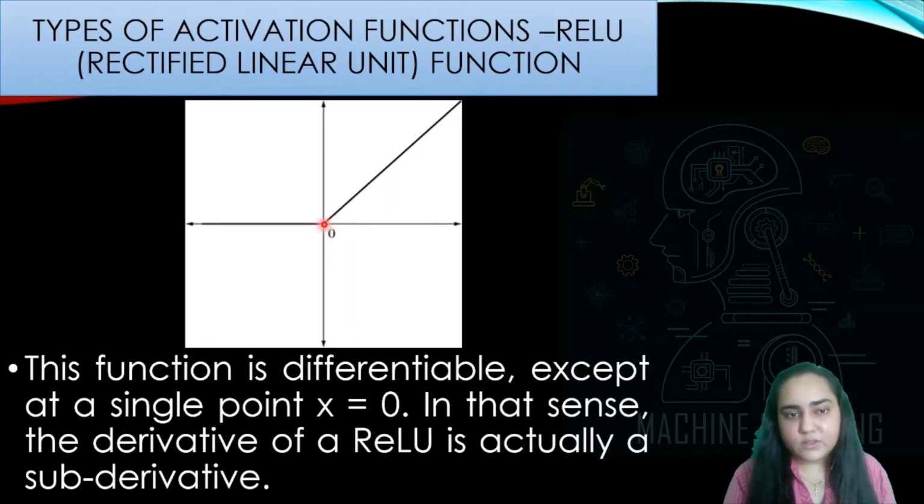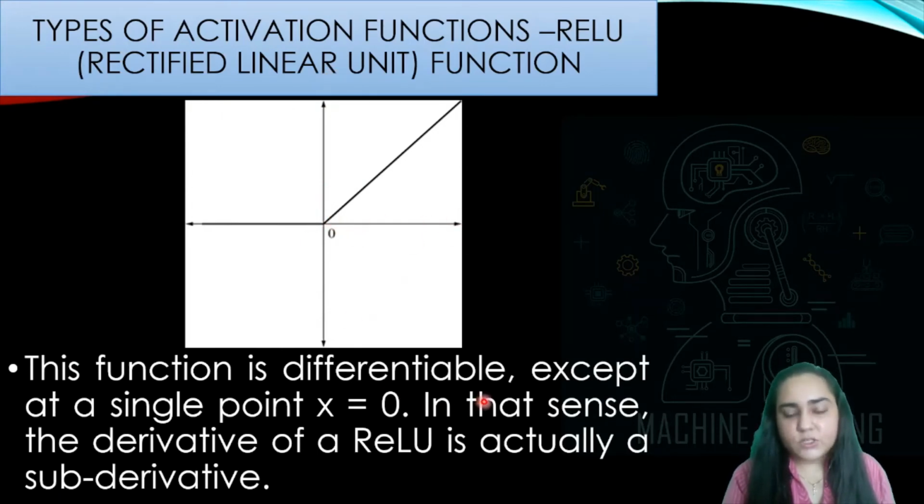So if it is less than 0, you're just going to get 0. But if x is greater than or equal to 0, then you're going to get exactly whatever the value of x is. So this y is actually your function, and the x-axis is the value of x.